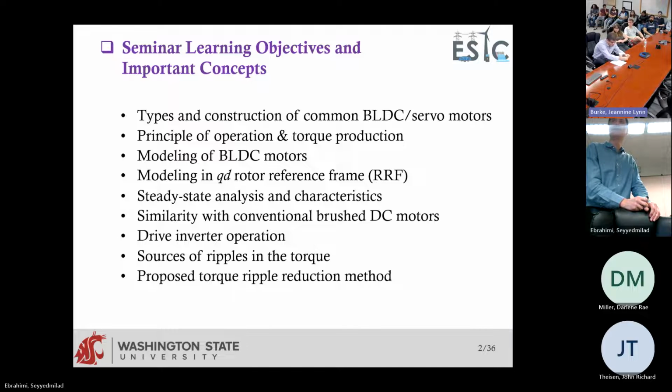We look at their steady-state characteristics and how we can analyze them, and how they are similar to brushed DC motors. Why do we say brushless DC motors? And their drives, how we drive the motor, and what are the sources of electromagnetic torque ripples, and what we have done to mitigate this problem.